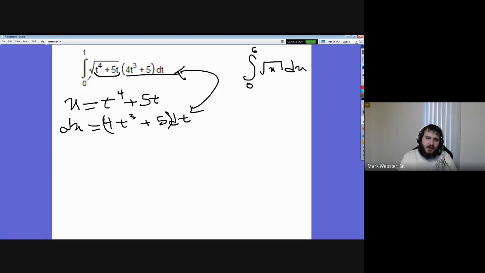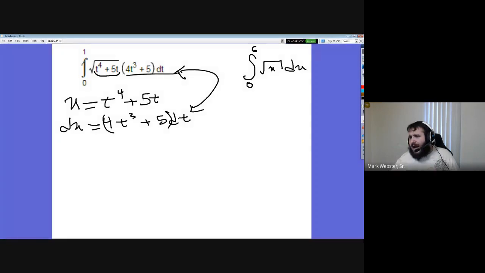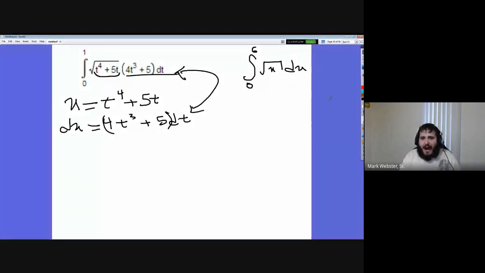So what I did is I changed these limits so that I don't have to worry about t anymore. T is now gone. It is removed from history. Nobody cares that t ever existed. I can just continue on with this easy problem instead of going back and trying to do that ugly godforsaken thing like I did last time.